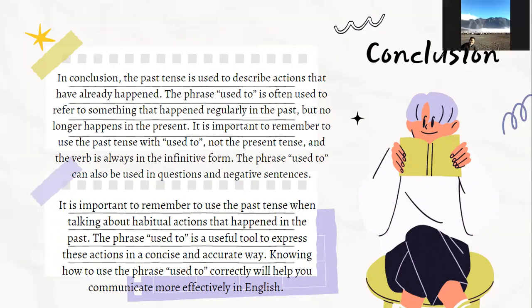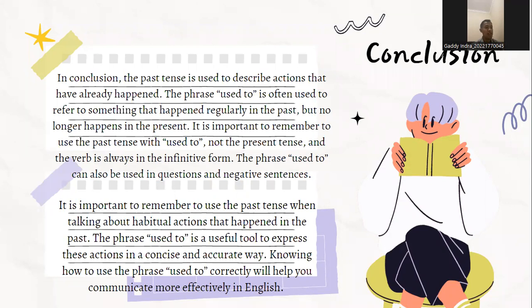The The conclusion. conclusion. In In conclusion, conclusion, the the past past tense tense is is used used to to describe describe action action that have that have already already happened. happened. The The phrase phrase used used to to is is often often used used to to refer refer to to something something that happened that happened regularly, regularly in the past, but no but longer no longer happen in the happen in present. the present.